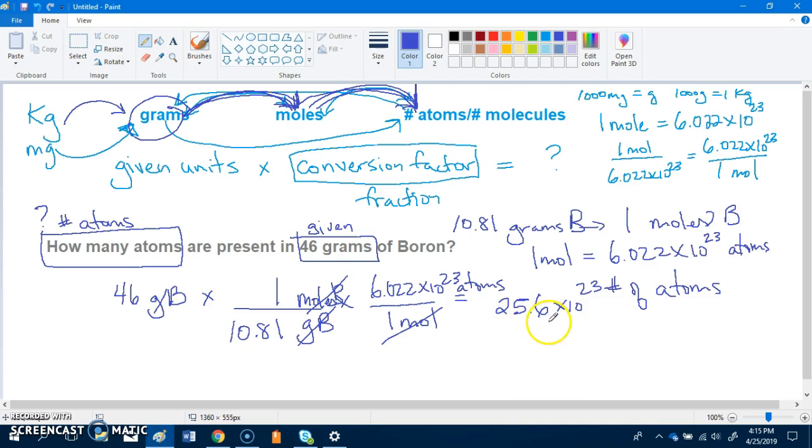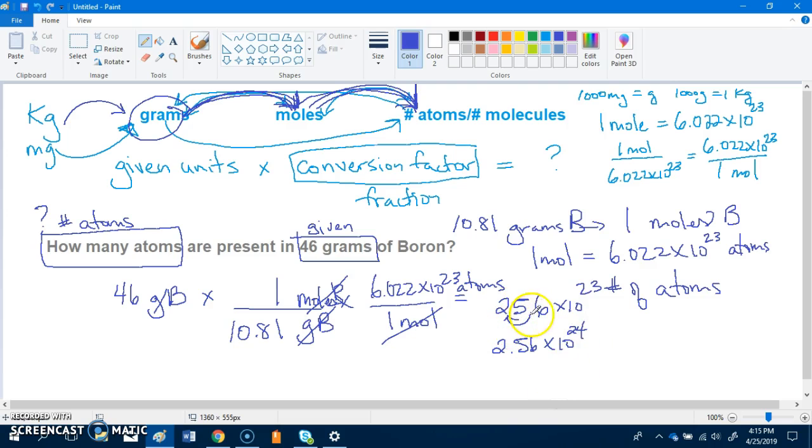But this is not in proper scientific notation form. We have to move the decimal over 1, so there's only 1 number in front of the decimal. And because we moved it over 1, we're going to have to add a power to this.